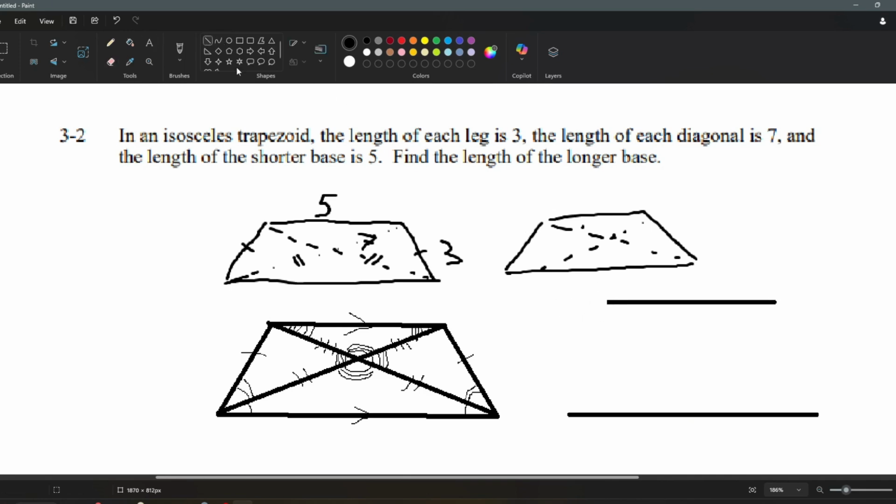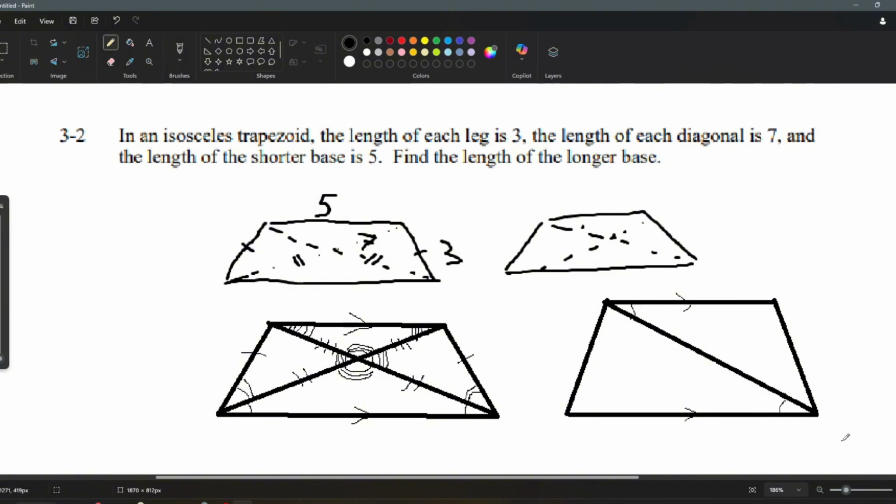Yeah, that's good enough. So then if we have this transversal, oh, but that's not, darn. I don't think this is gonna work. All we can tell is that this is equal to this. Can we?